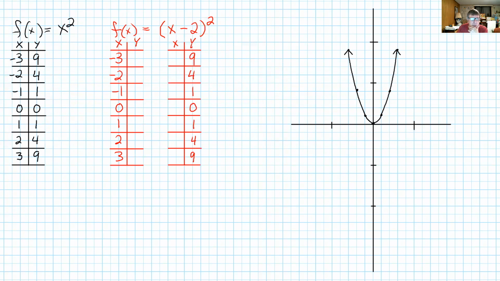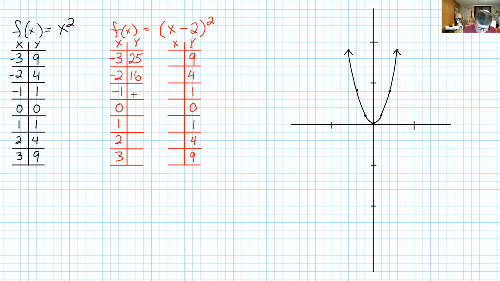If I put in these x values, I'm going to get something very different. If x is -3, -3 minus 2 is -5, quantity squared would be 25. If x is -2, -2 minus 2 is -4, the quantity squared is 16.